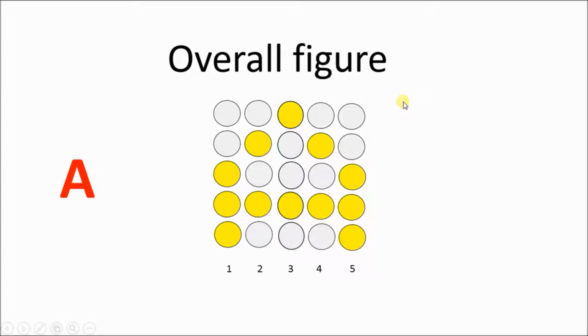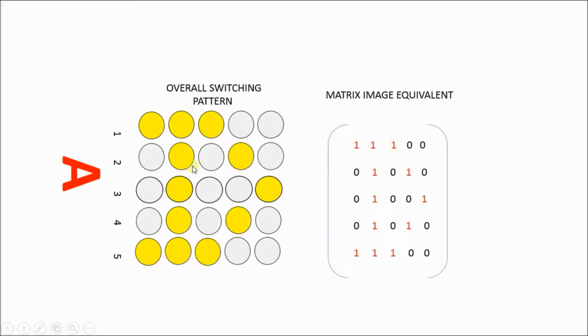There is one basic and easy rule while writing the image equivalent of this, and that is shown here. We have turned this by 90 degrees clockwise, and this is the overall switching pattern, and the A is turned 90 degrees clockwise.